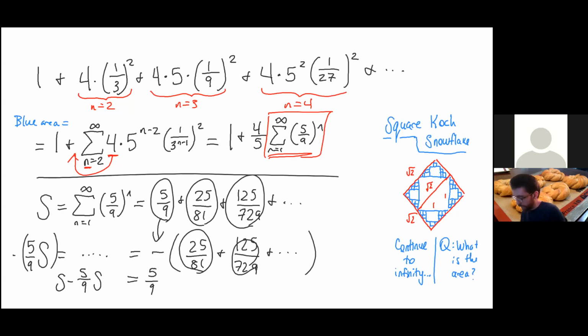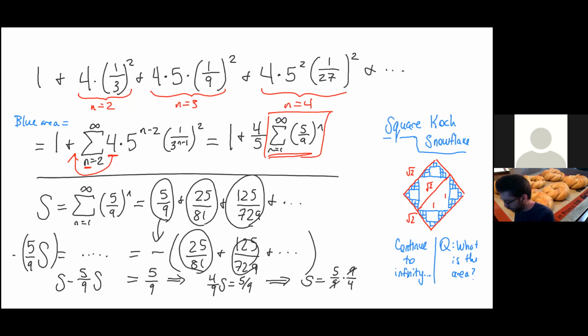And now I can bring that all together. That implies, well, what is S minus 5/9 S? It's 4/9 S, right? They're like terms. I can combine them. 1 minus 5/9 is 4/9. So 4/9 S equals 5/9. Solve for S. So S equals, well, multiply by the reciprocal, right? So multiply by 9/4.